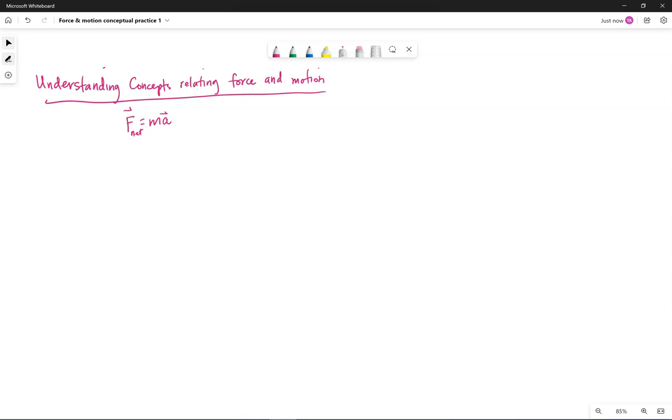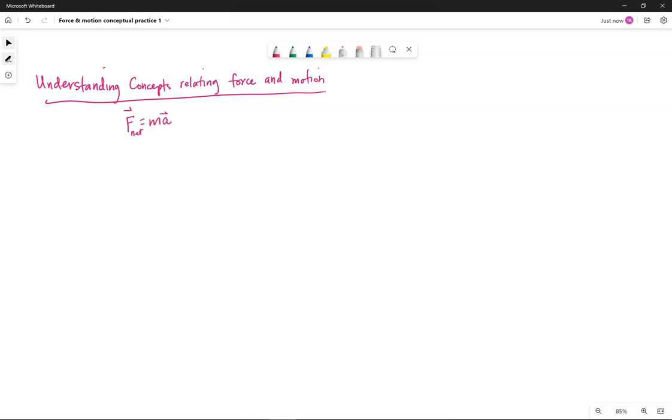So we need to understand and be able to reason through the forces that are acting on any given object and how they are working together to result in the acceleration of the object. So I want to go through some conceptual questions relating forces and the subsequent motion.